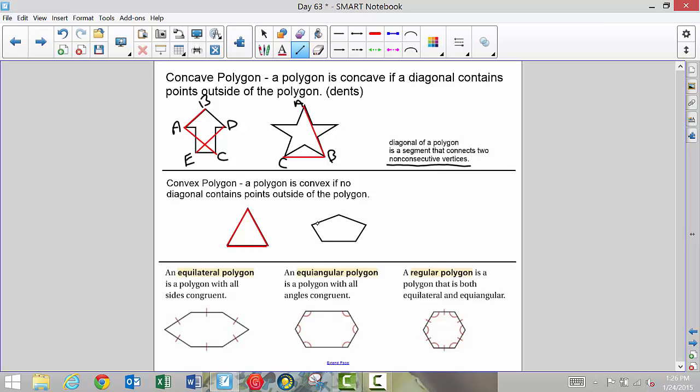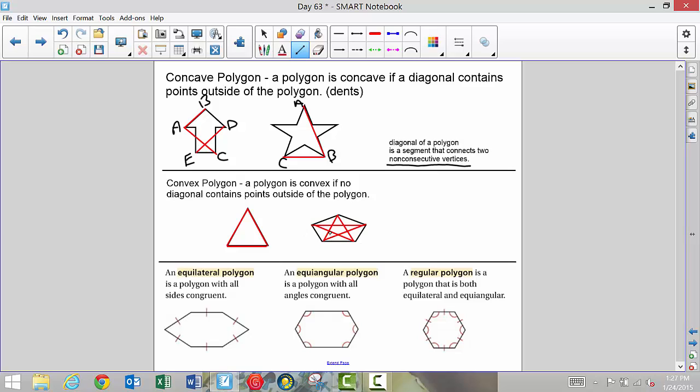If you take this pentagon and I connect all my diagonals, you notice that none of my diagonals are outside the shape. It just so happens that it creates a star. So if all your diagonals are contained inside of the shape, it's a convex polygon.